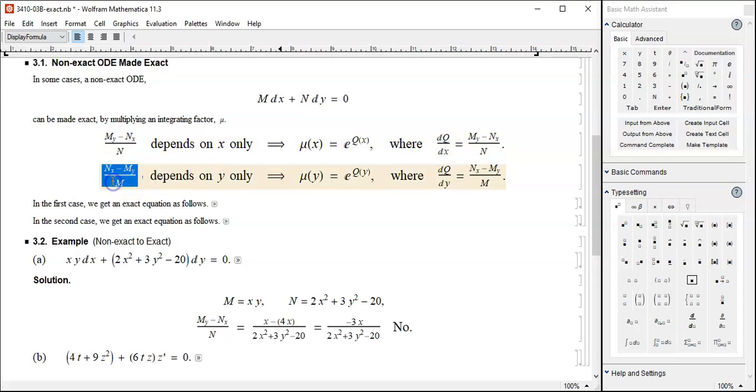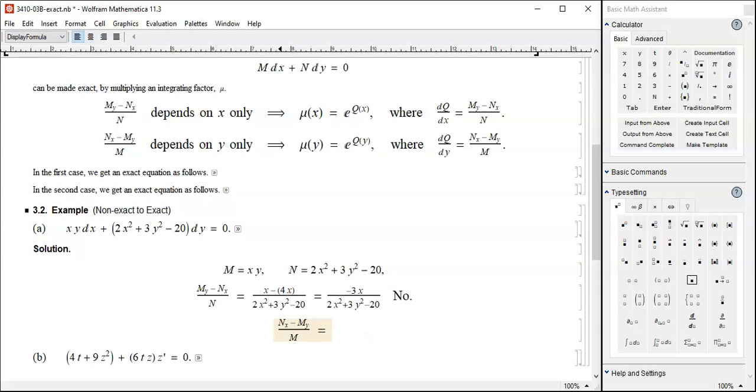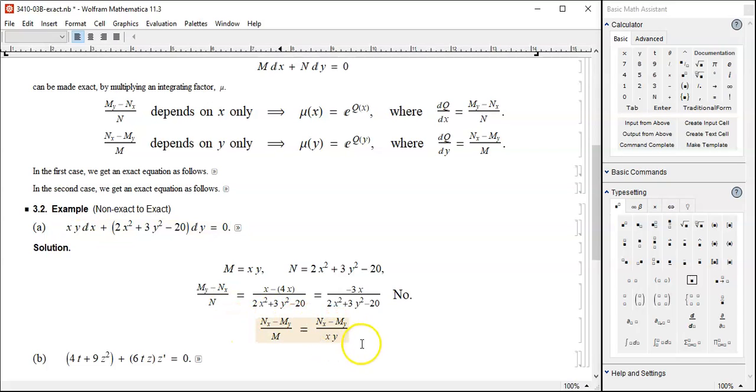Let's do the other one. Let's expand the font. The denominator is xyM, so that goes to the denominator. And what's N sub x? Take the partial derivative by x.